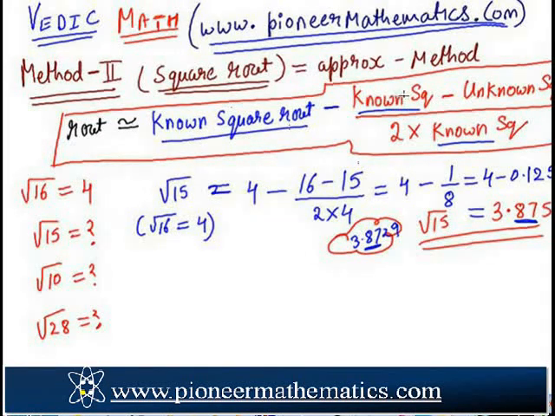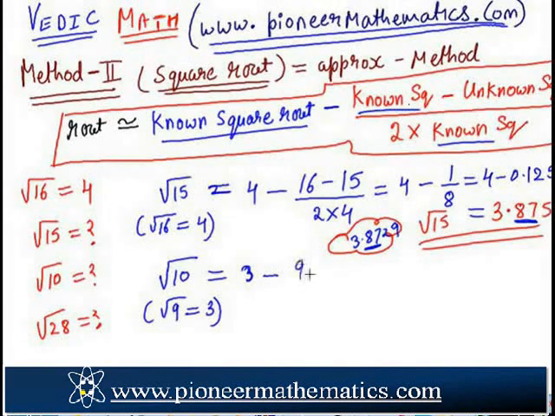Known square root minus known square minus unknown square upon 2 into this. Now let us see by applying it on 10. What is the square root of 10? The nearest known square to this is 9. See, this is a very important method. Now according to the formula, first of all we put the known square root 3, right? It is 3 minus known square 9 minus unknown square 10 upon 2 into 3.